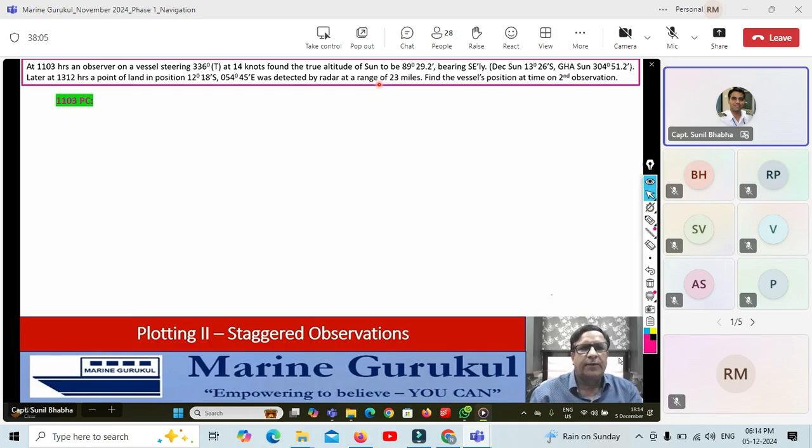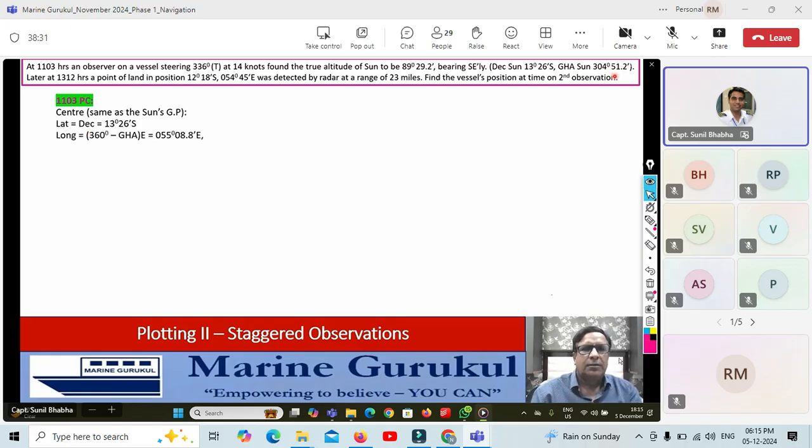So we have the 1103 PC. That 1103 PC shall be drawn with the center as the sun's GP. What will be the GP of the sun? Latitude shall be equal to the declination and longitude shall depend on GHA. Here the GHA is more than 180. So the longitude will be, because longitude cannot be more than 180, it shall be 360 minus GHA, and this time the longitude shall be easterly.